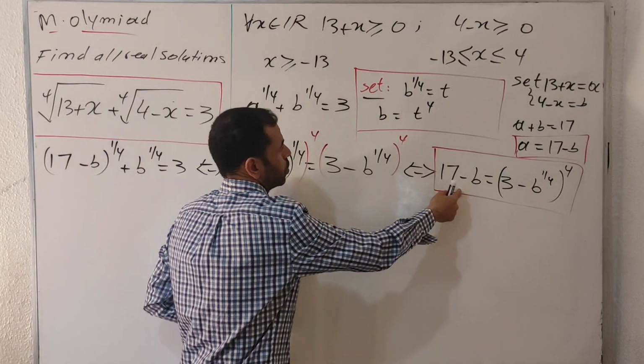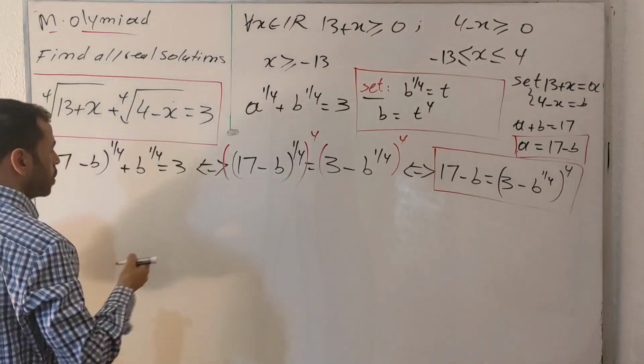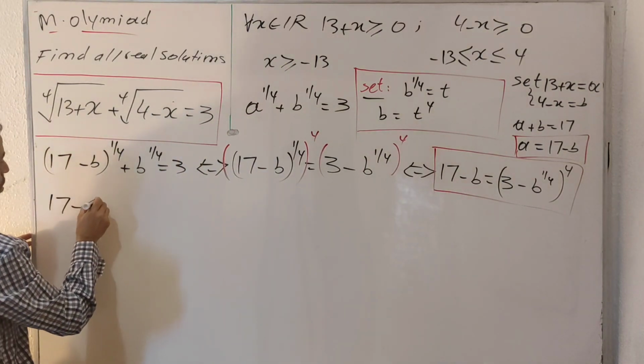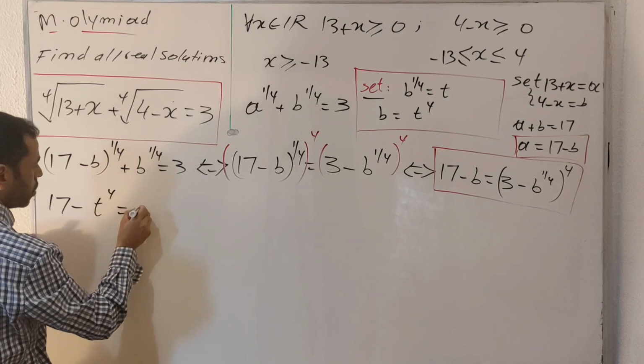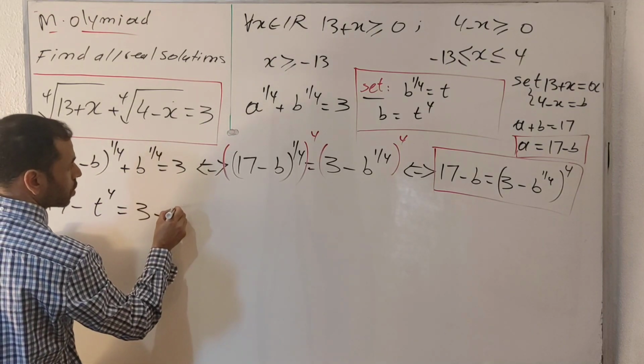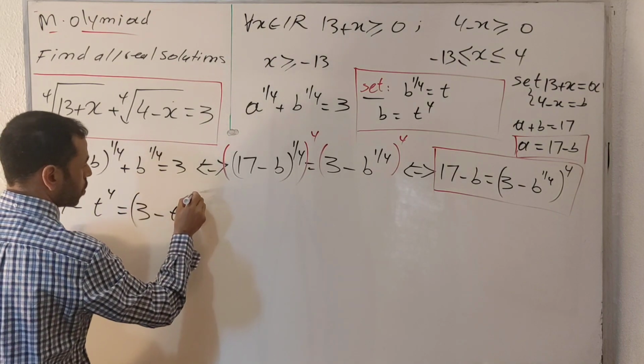So I will have a new expression in terms of t. I will get 17 minus t to the 4th equals 3 minus t to the 4th power.